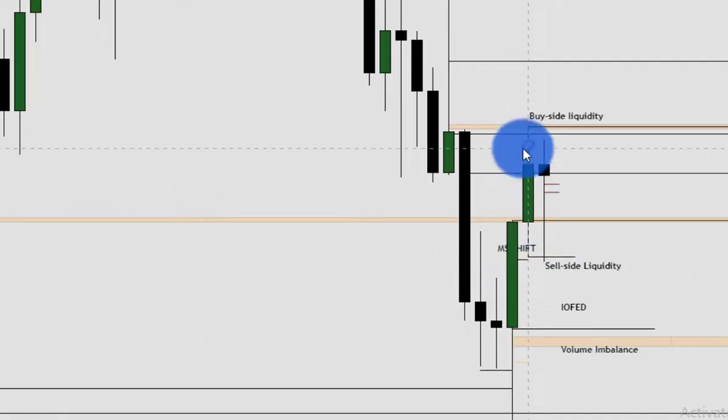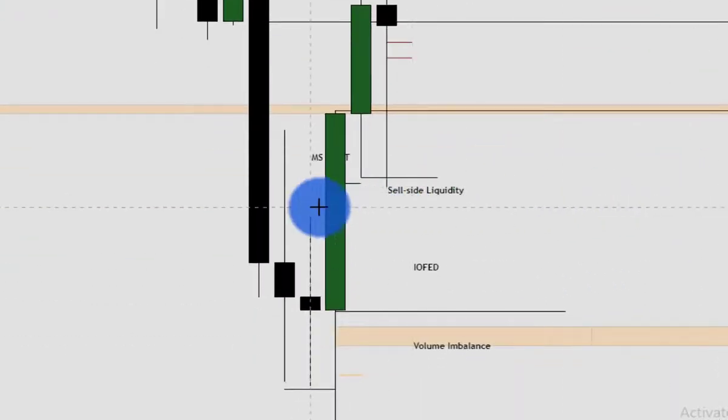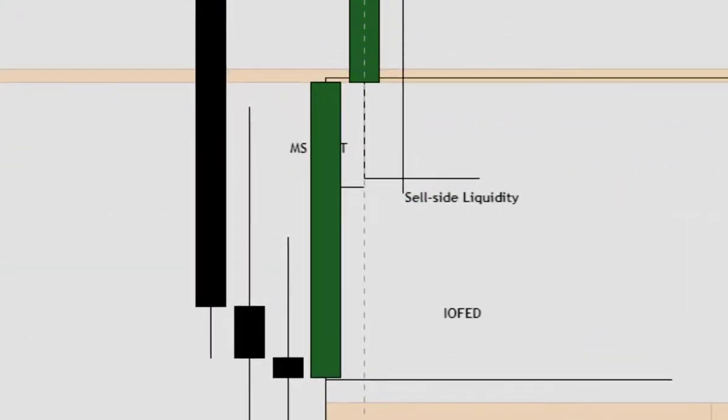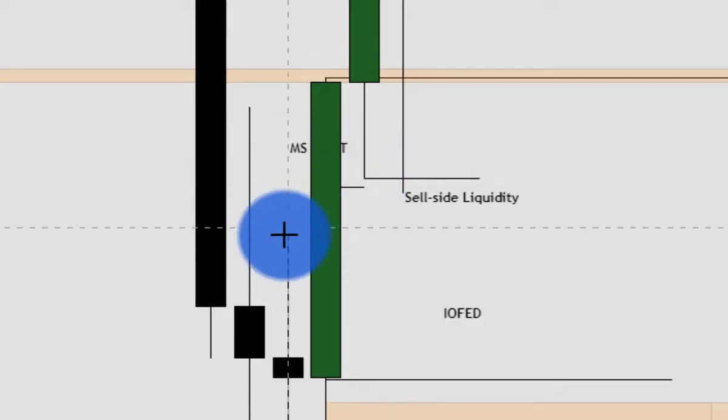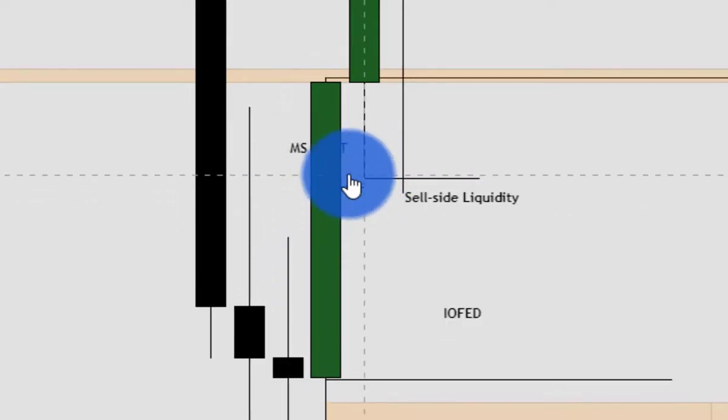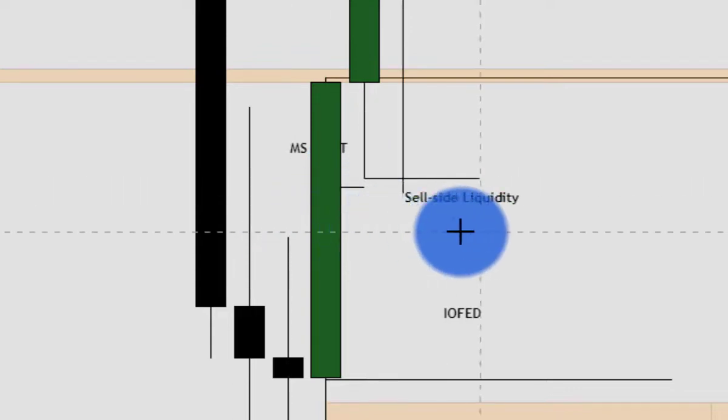or expansion to the upside, also creating a new fair value gap, which is going to serve as our internal range liquidity. The low of this candle to the high of this candle, this gap in between, is called the fair value gap.